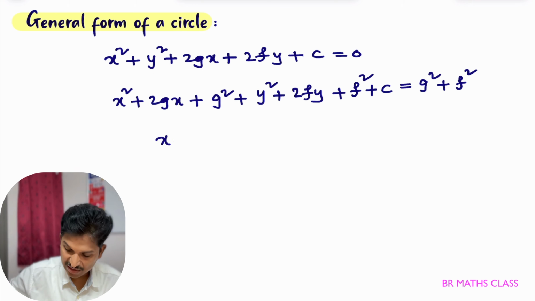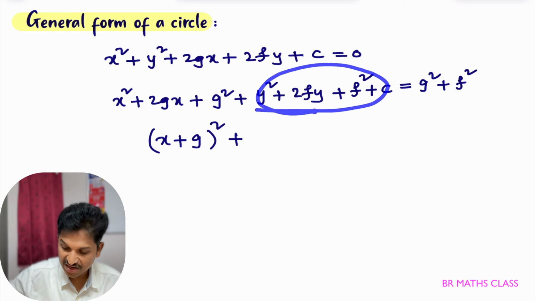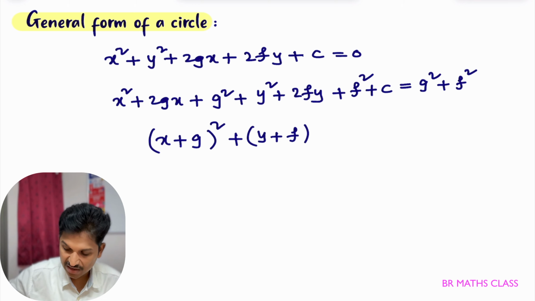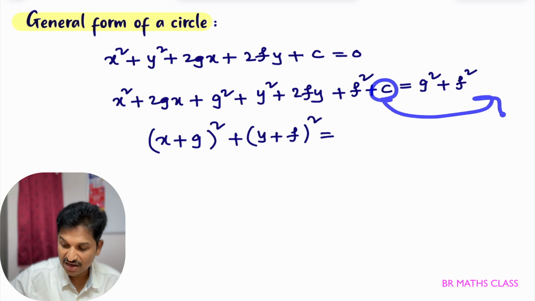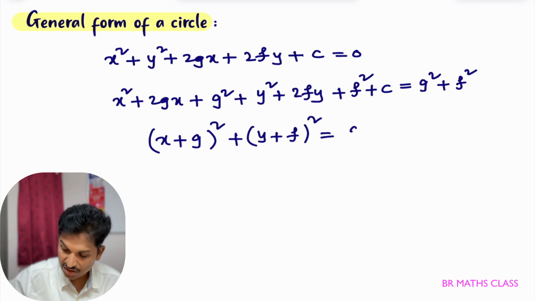Whatever is there here can be written as (x plus g) whole square plus, now whatever is there here, that can be written as (y plus f) whole square. Now this c, I'll take it to the right hand side. So it will be g square plus f square minus c.